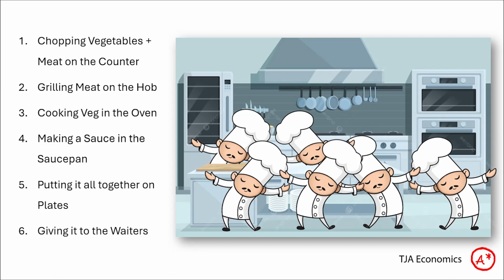So, for example, 1 chef can specialise in chopping vegetables and meat. 1 chef can specialise in grilling meat. 1 on making sauce, and so on. And so that specialisation would mean that their individual productivity goes up, and indeed, the capital in that kitchen gets used more efficiently. And so, initially at least, the more labour I hire, the more productivity goes up.